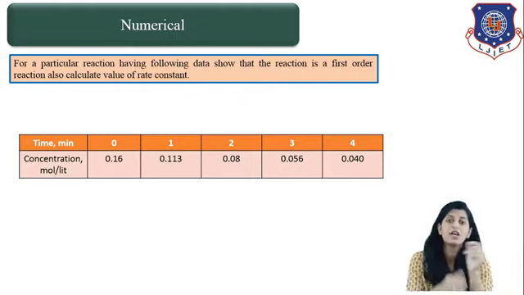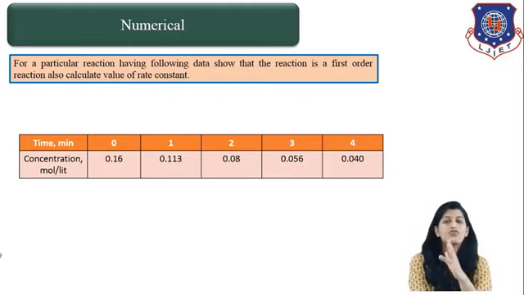So we will start with the first order rate equation and determine the value of K. If the value of K for all 4 sets of data, at time t equals 1, 2, 3 and 4, comes out to be constant, then the selected rate equation is correct.